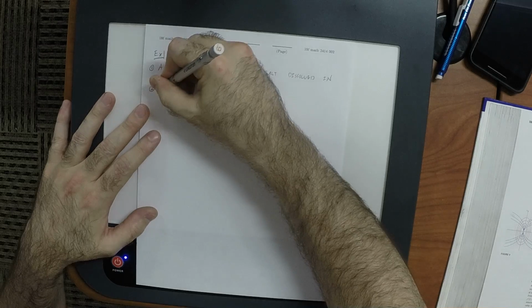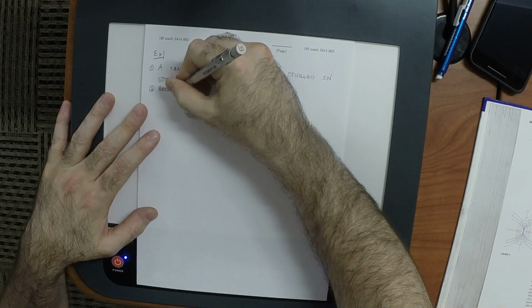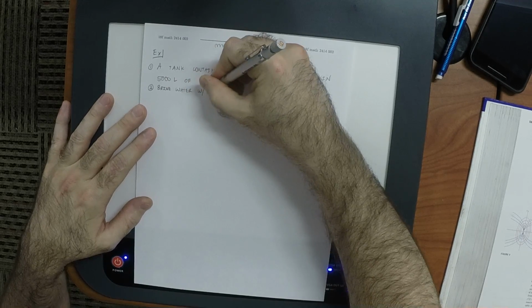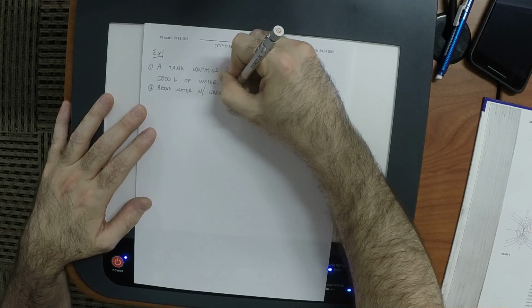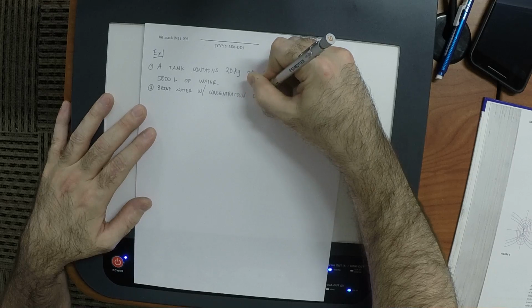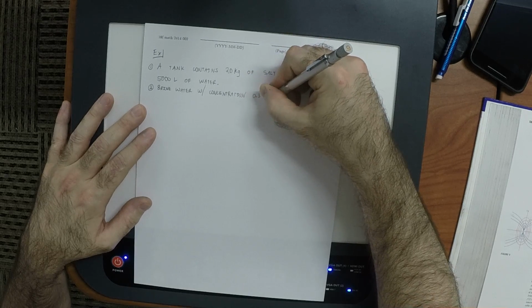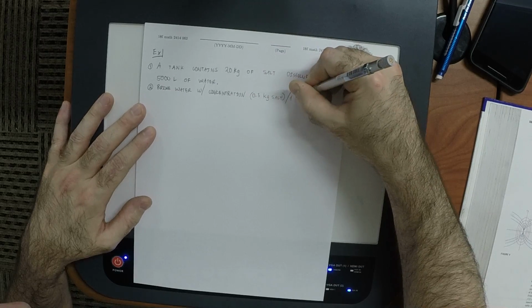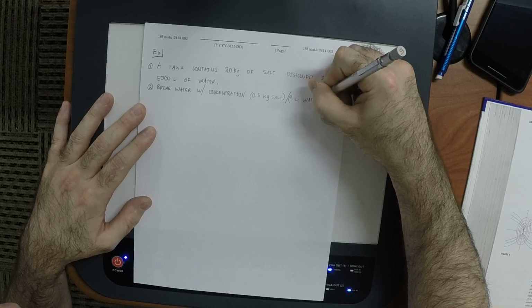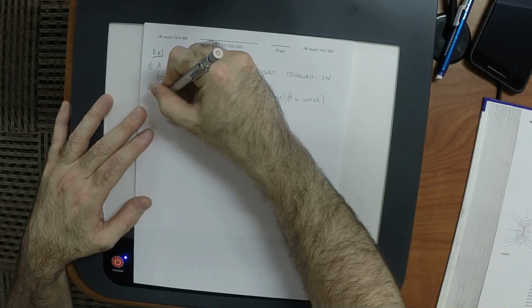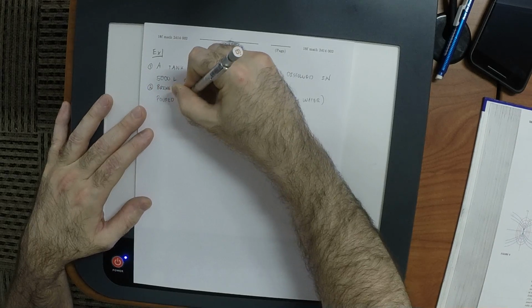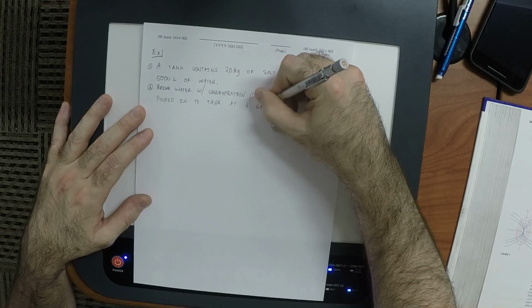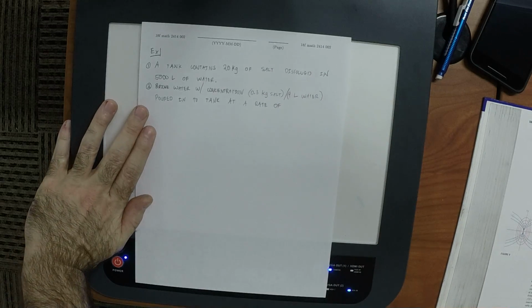So then brine water, which is the name for salty water, with concentration .3 kilograms of salt per 1 liter of water is being poured into the tank at a rate of 25 liters per minute.